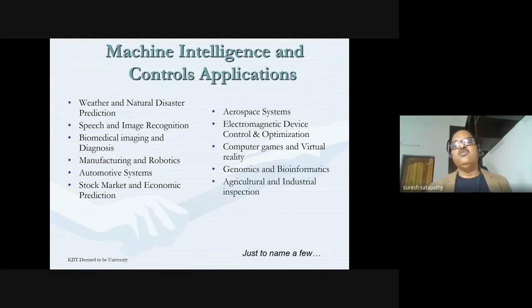You can just go on adding. So decision science is not really confined to computer engineering. It is a branch which is a conglomeration of most of the engineering branches, including science, social science, and management.